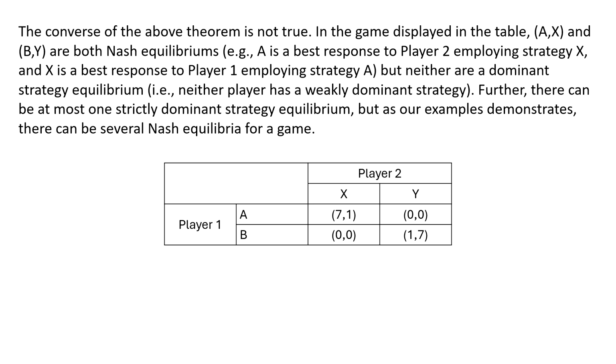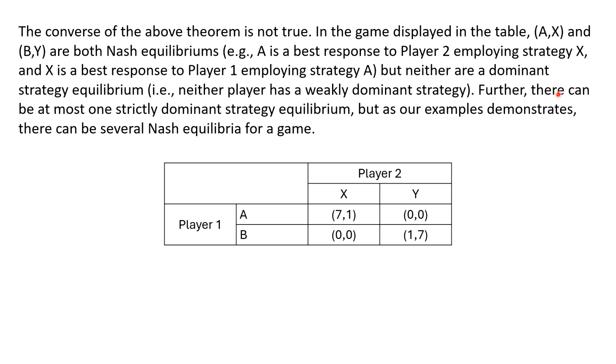In the game displayed below, let me point to it, we have two Nash equilibria, AX and BY. They're both no regret solutions, but neither strategy, A nor B, or X nor Y for player 2, are dominant strategies.